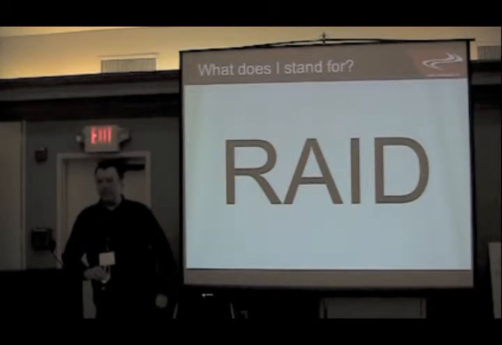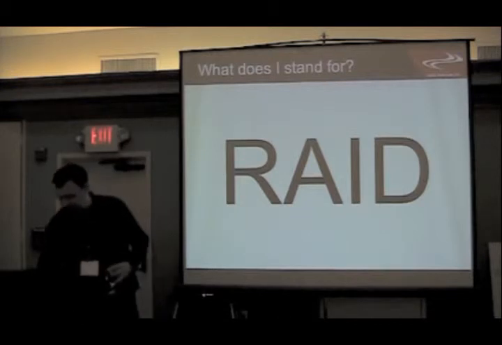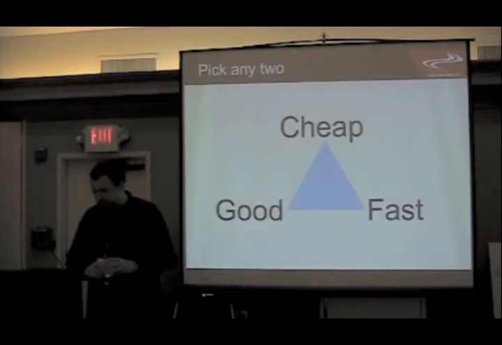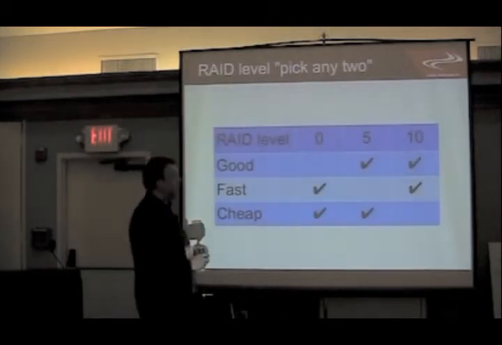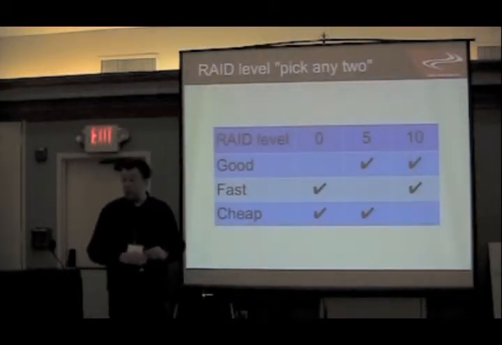A company after my own heart. Because they know that good, cheap and fast, you can only have any two, just in case you've forgotten that. But when it comes to RAID levels, you can pick your N+2 as well, for example.